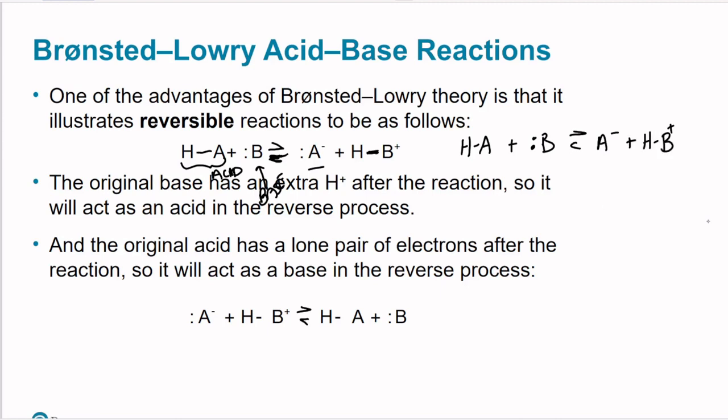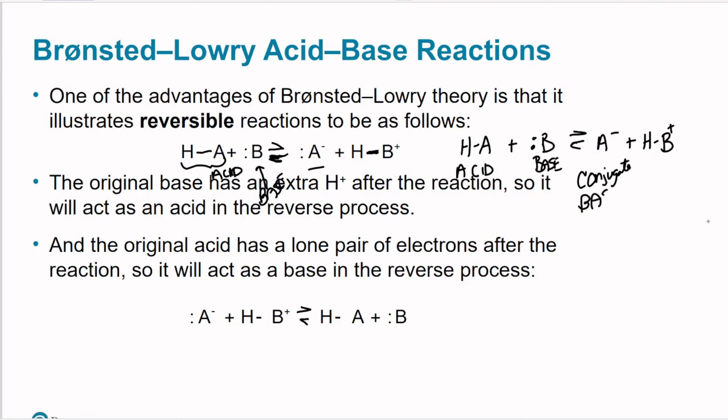So let's define our players here in this reaction. We have our acid and our base, because the acid is donating an H plus and the base is accepting it. And when we pull the hydrogen off of the acid, we form what's called a conjugate base.